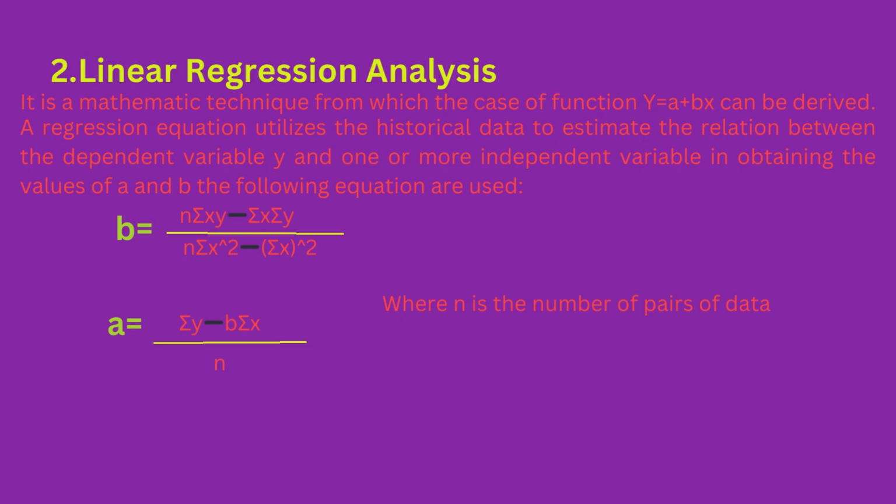To obtain the value of b, it will be equal to n, the number of pairs of data, multiplied by the summation of xy, divided by n times the summation of x squared minus the summation of x all squared. So that's how we can get the value of b, which we will later use in our example. The summation of y minus b multiplied by the summation of x, divided by n, gives a.